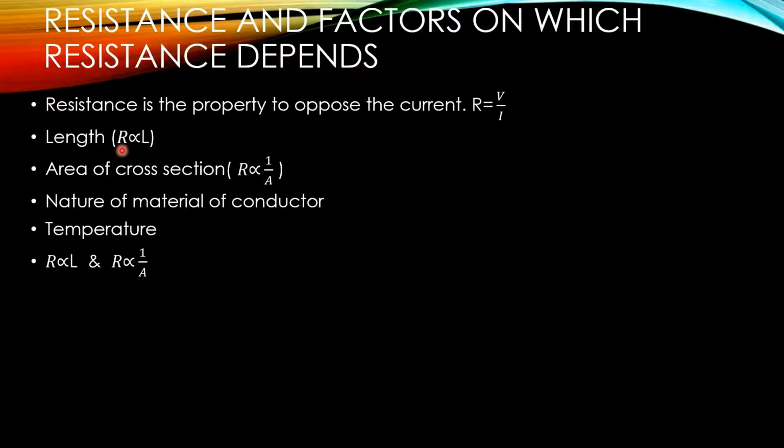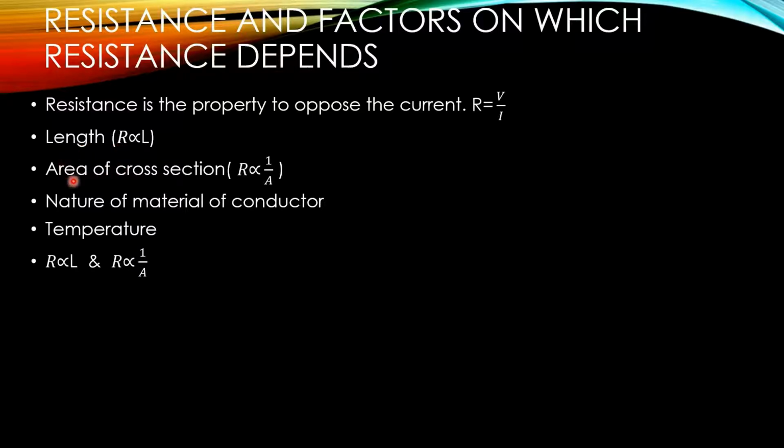Why does resistance increase when length increases? Because when length increases, collisions between free electrons and atoms of the conductor increase. So because of the increase in collisions, resistance will increase. So the length of the conductor affects the resistance. Resistance is directly proportional to the length.